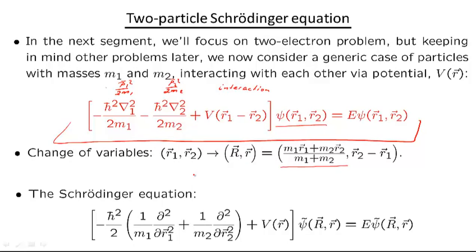In order to do this, first we notice that the potential energy depends only on the distance, by construction. We've chosen it this way. And the only non-trivial part which we have to analyze is the kinetic energy, the derivatives, these Laplacians which appear in these brackets. So we're going to work with these now.